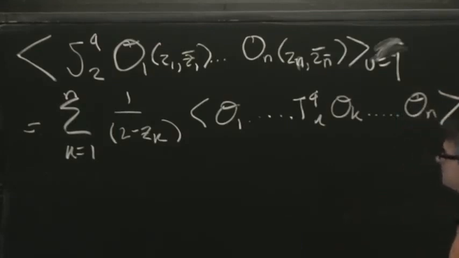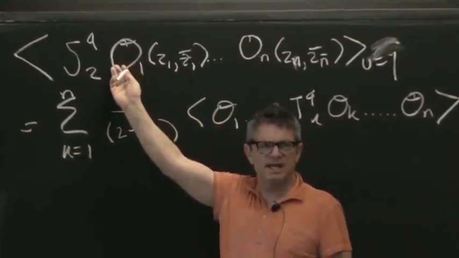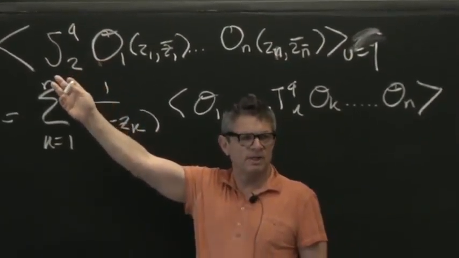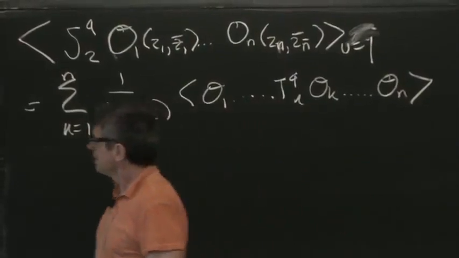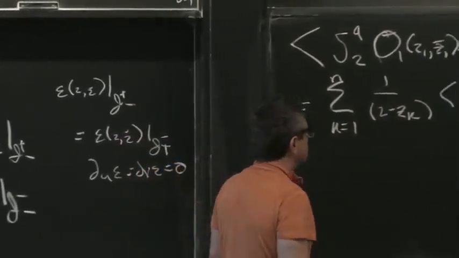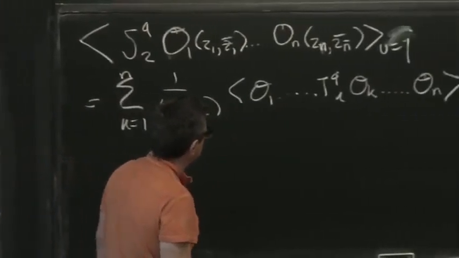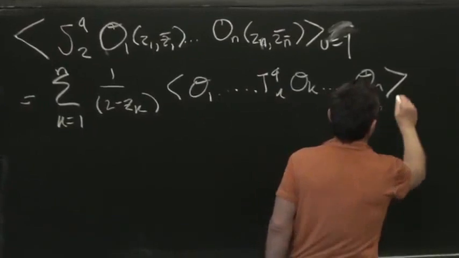Okay, so I've chosen my normalization of J to make this formula as simple as possible, and to eliminate the factors of g Yang-Mills squared and pi and so on. And this is also at U equals 1.